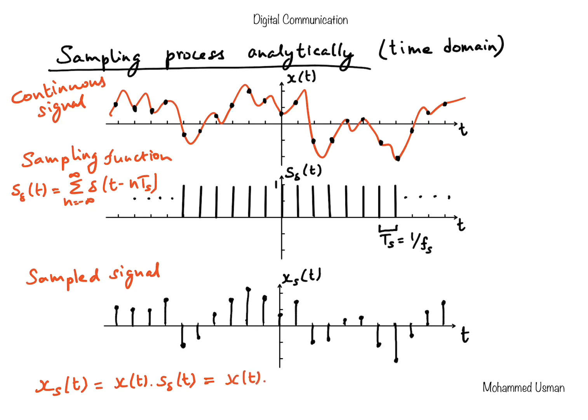x of t getting multiplied with s delta of t, which is defined as the impulse train, which is delta of t minus nTs for n equals minus infinity to infinity, which is simply equal to the summation of x of nTs multiplied by delta of t minus nTs.